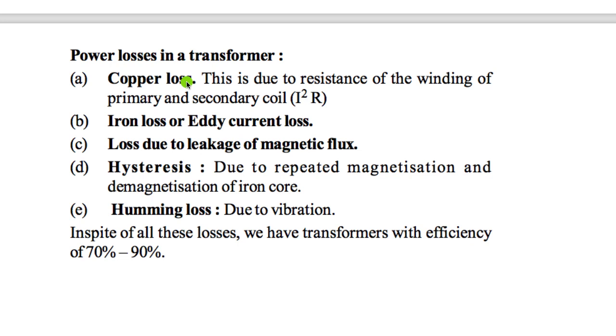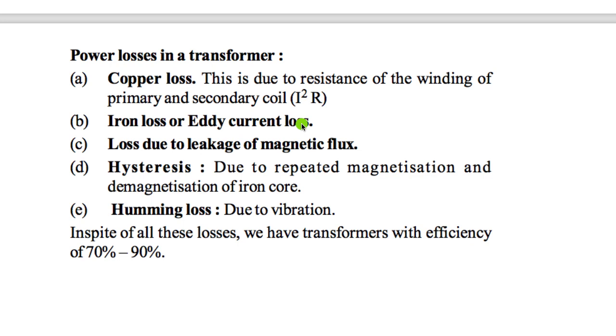Next is the iron loss or eddy current loss. What is an eddy current or iron loss? Here the primary and secondary coils are wound over an iron core. When the varying magnetic field and varying magnetic flux link with the core, the core induces a current that is called an eddy current.